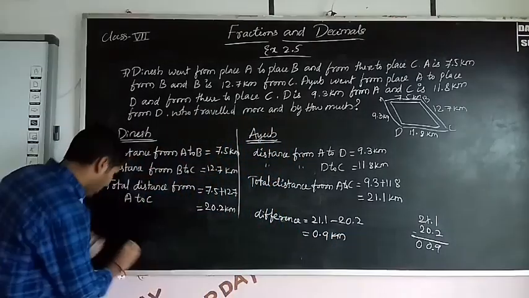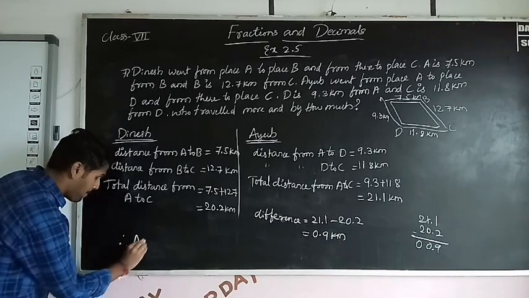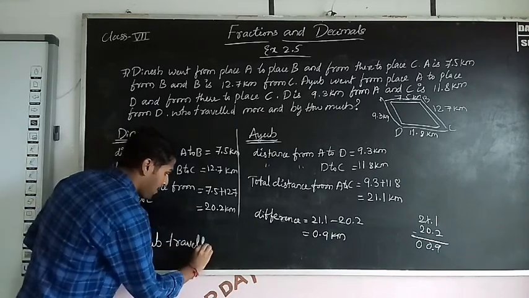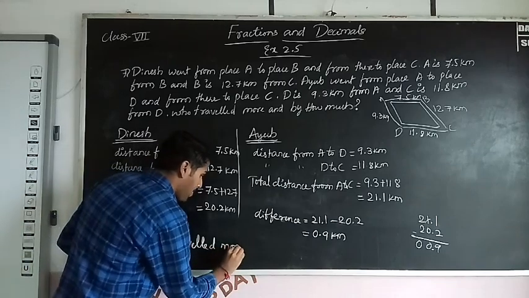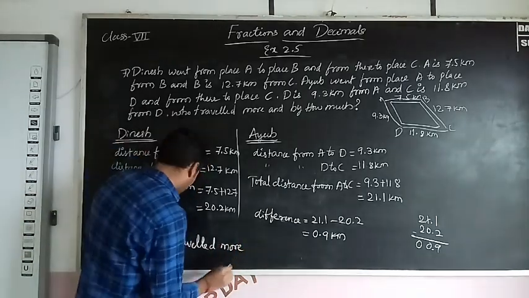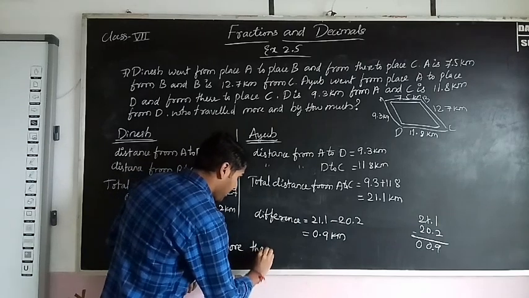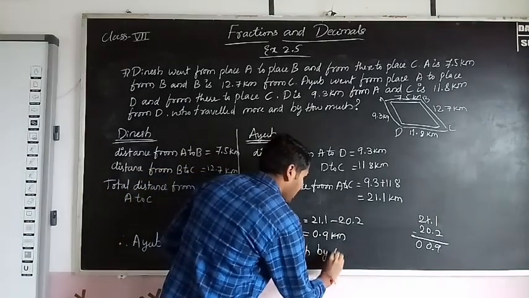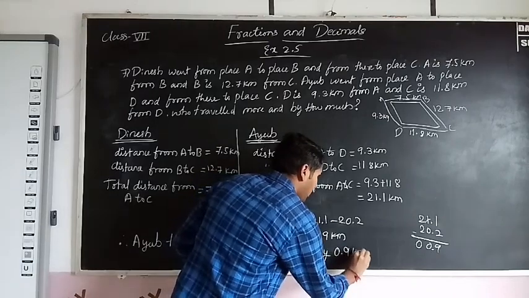Therefore Ayub traveled more than Dinesh by 0.9 kilometer.